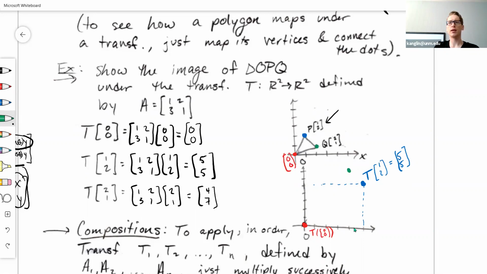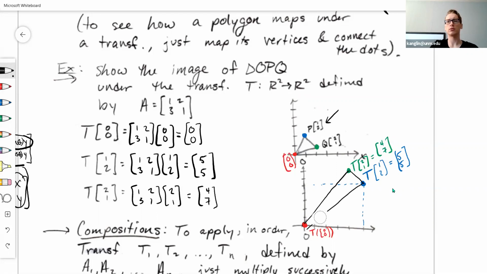There we go. This vertex maps here. And so we can see how our triangle changed, right? These vertices look like they kind of switch places somewhat, but the triangle is still just what we get. The image of the triangle OPQ is what we get by connecting all these dots.